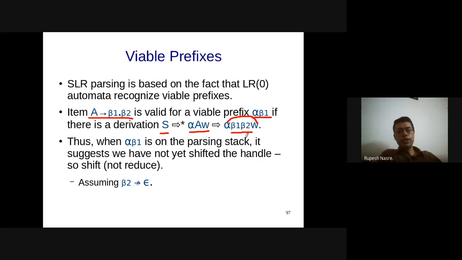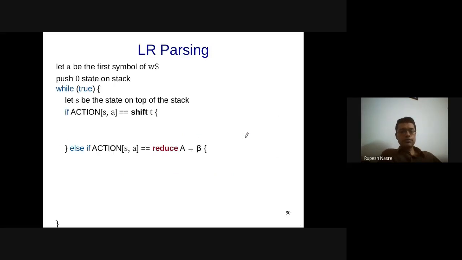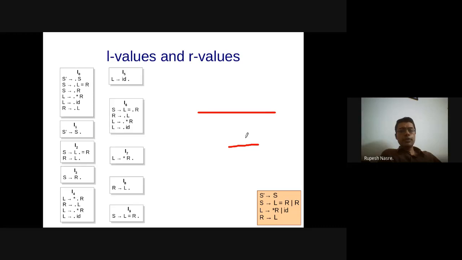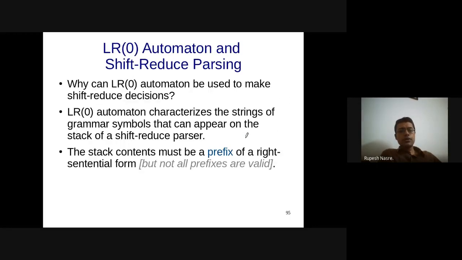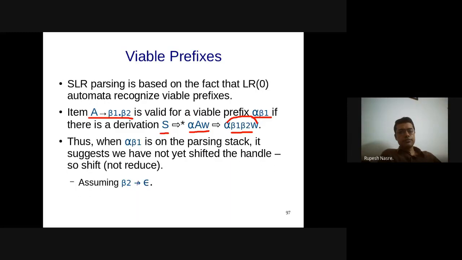Otherwise, if beta2 is nullable, then you are forced to have a viable prefix in terms of alpha beta1. So this particular statement is under the assumption that beta2 is not nullable.